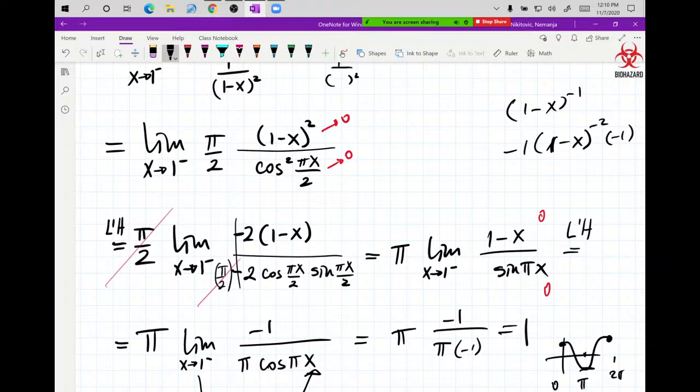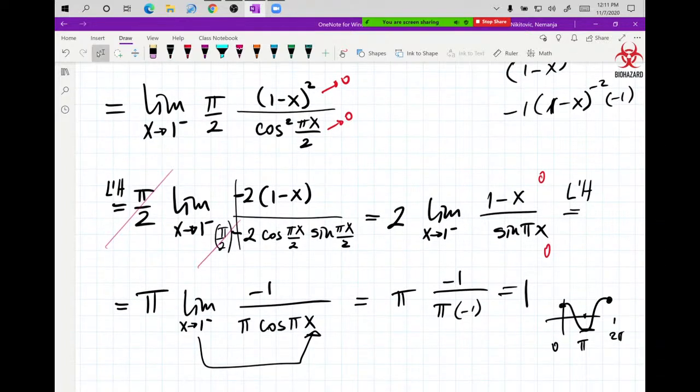So now, when that cancels, the negatives cancel. Now I am left with, this pi is gone, the 2 survives in front. And then I have everything collapse into this. Okay, so now this is no longer a pi, this is a 2.